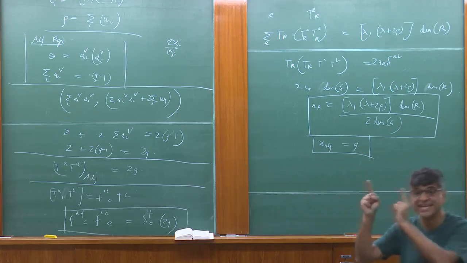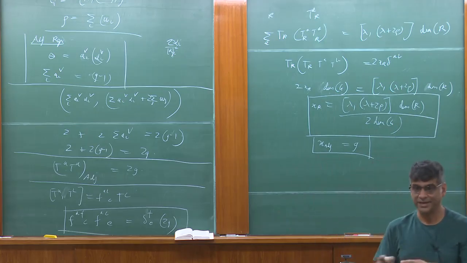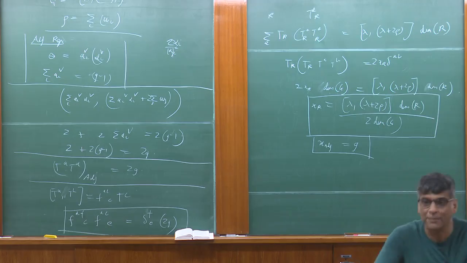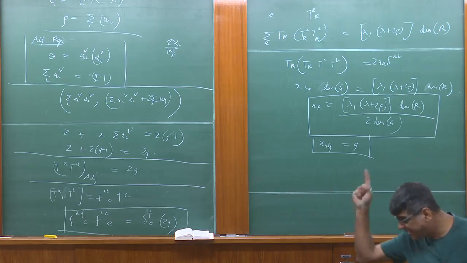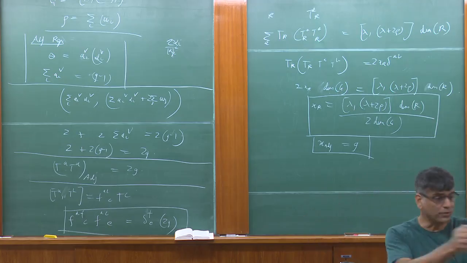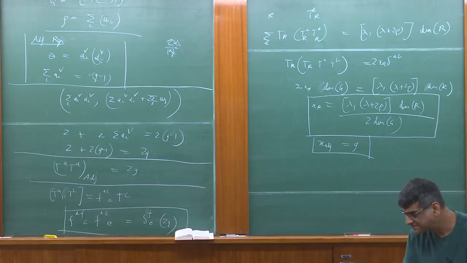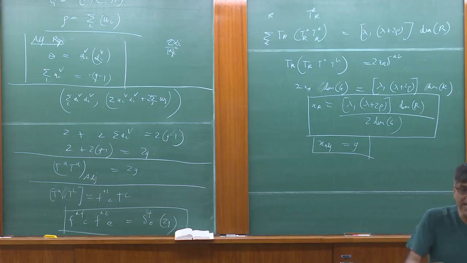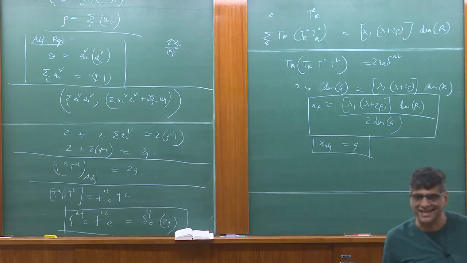Now we take the same generators. Don't renormalize anymore. We take the same objects and view them in a particular representation. Now we take trace of TATB. We'll still get delta AB, but with a different number. We've seen what we get in the adjoint. It's basically this 2G, right?